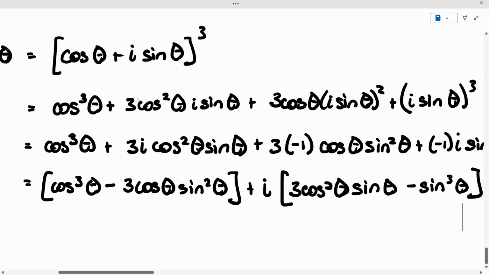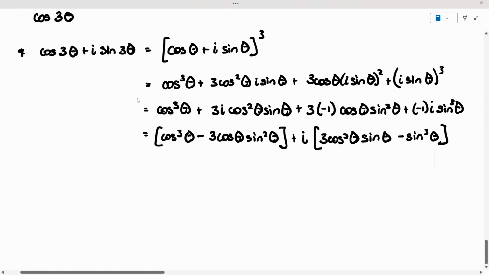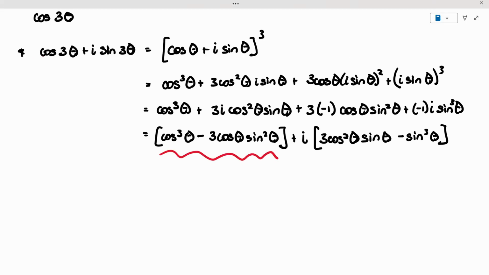Nice. And what we have here is a real number. So this part here is real. This with the i is the imaginary part.